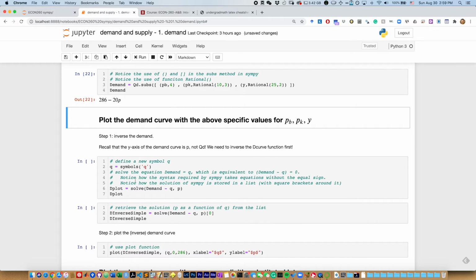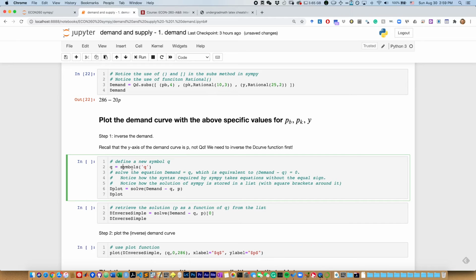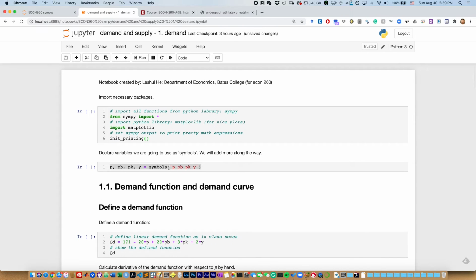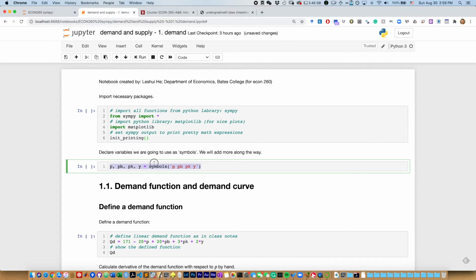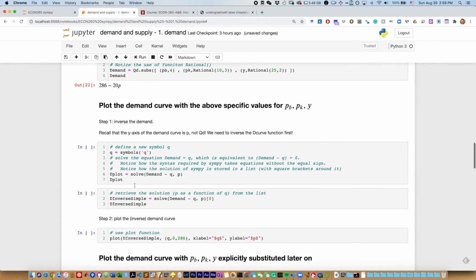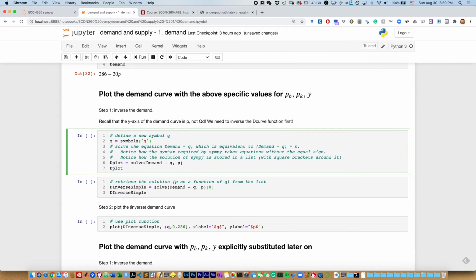So to do that, we actually need to introduce a new symbol Q here, which we have never defined and used thus far, so that sympy would understand that it is a symbol and should be treated as a symbol. So first of all, define an additional symbol. Q is symbols Q, just the way we would previously define P, PB, PK, and Y. Okay, so now I'm going to add another symbol here, which is Q.